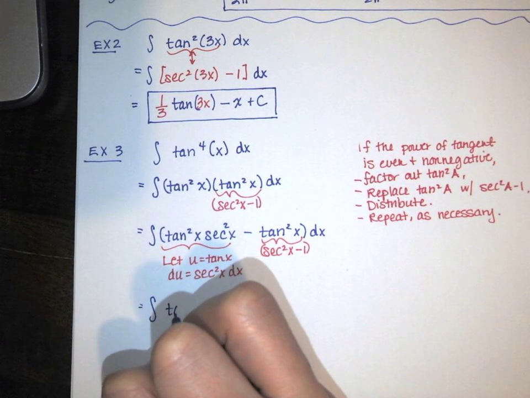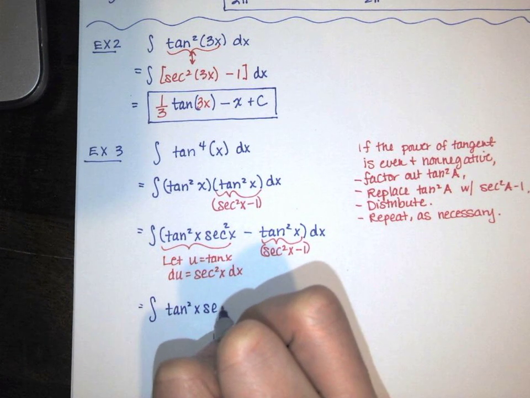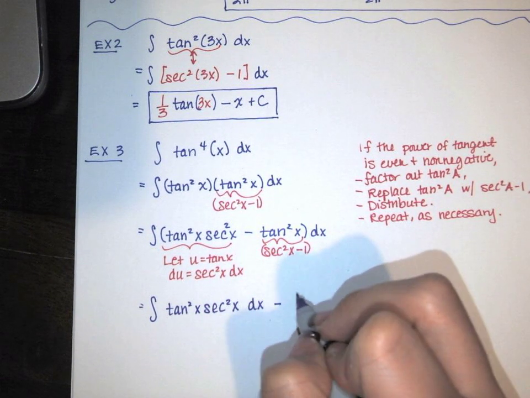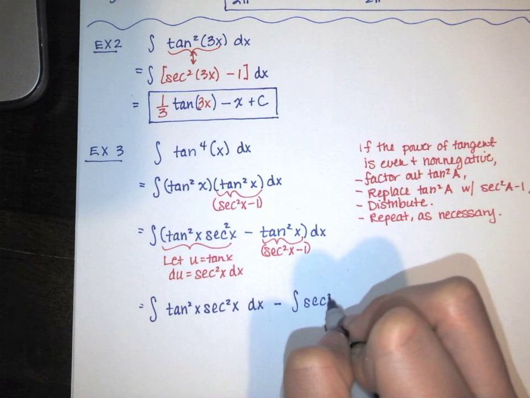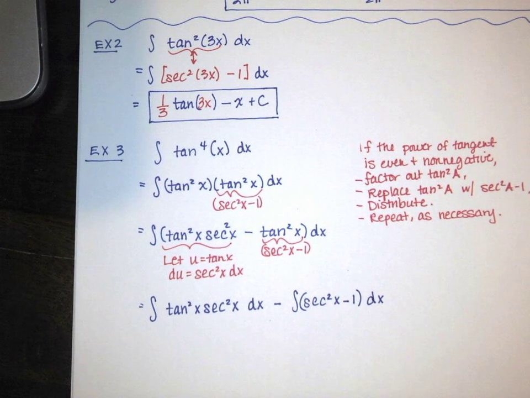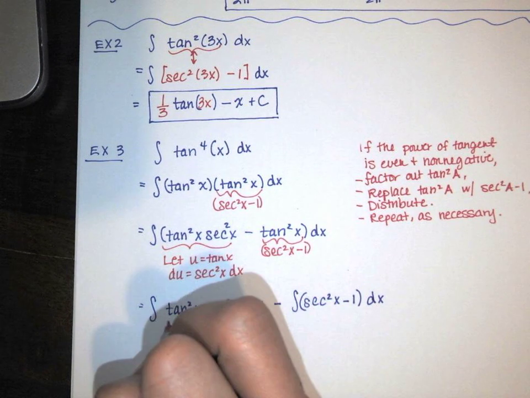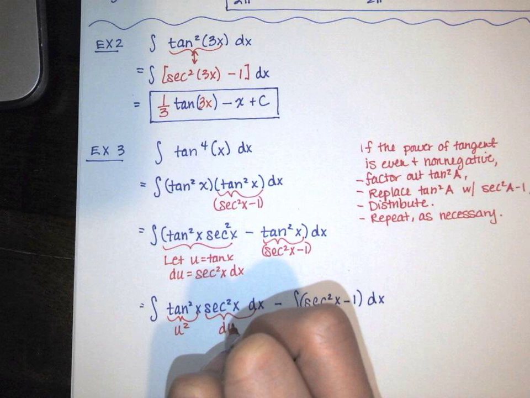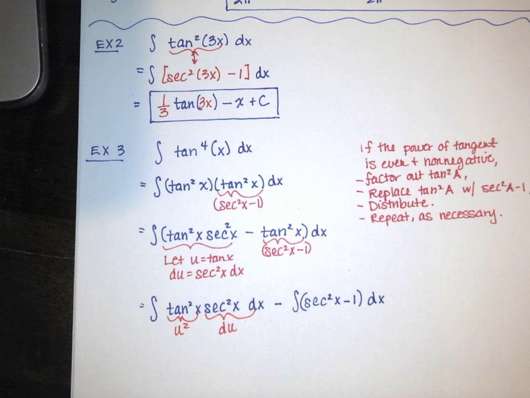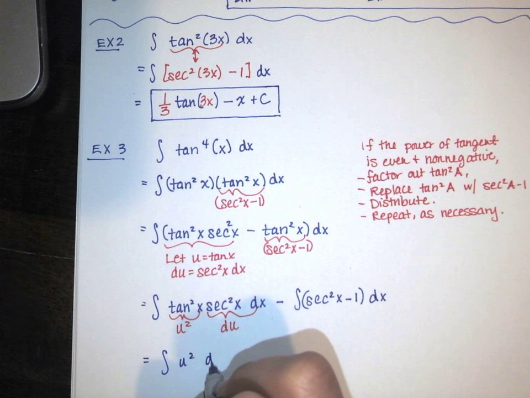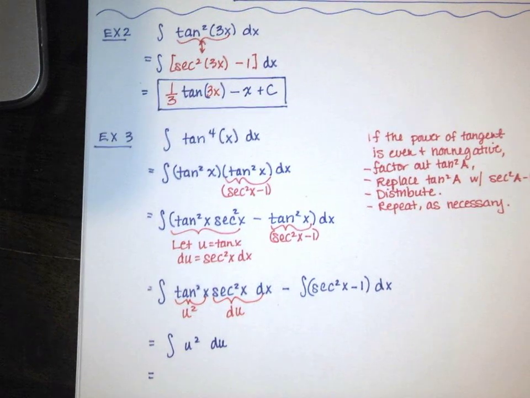I've got tangent squared x times secant squared x dx, and then I'm subtracting the integral of secant squared x minus 1. This one is the u-sub. If u is tangent, that's u squared. If u is tangent, du is secant squared, so that's just the integral of u squared du.